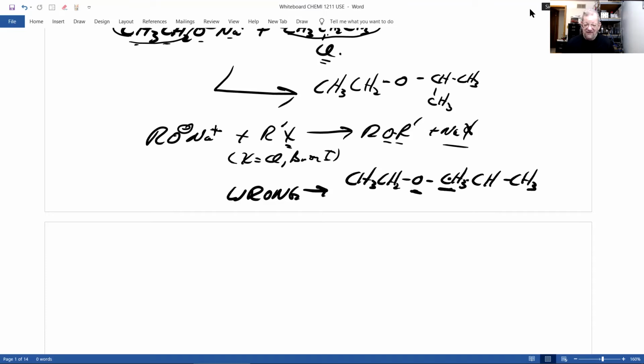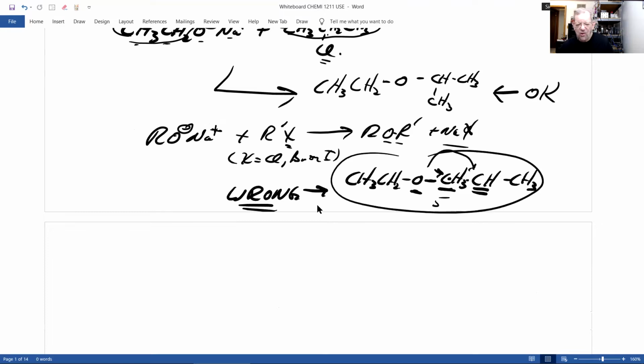How many bonds to it? 5. That will never happen because there's only 4 bonds to carbon. And if we look at this carbon, there are 3 bonds. And the student will say, well, I meant, doesn't that mean this is bonded to that? I said, no, it's bonded to this carbon because that's what that structure shows. So it's very important to look at how you are drawing these. This is correct. This is wrong. So don't do that.